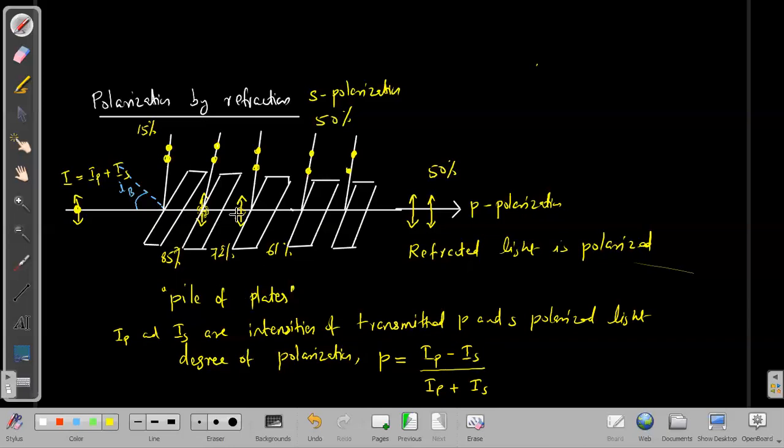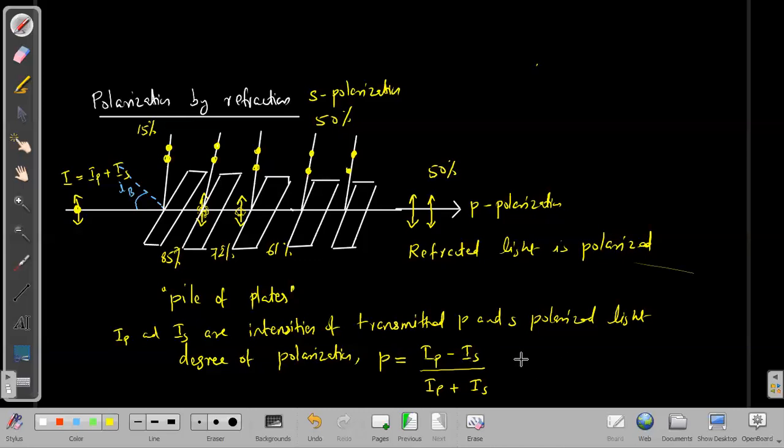So if you have many such glass slabs, then what would happen is finally there is no IS at all. There is only IP. IS becomes 0. So this is what is called the degree of polarization. So when IS becomes 0, the P would become maxima. The P would become 1.